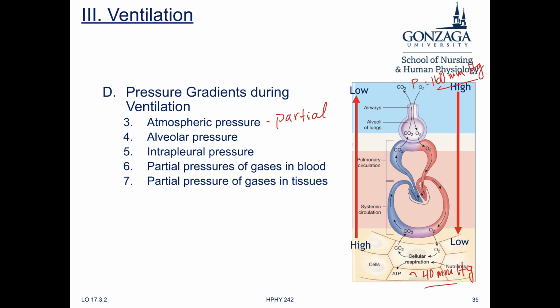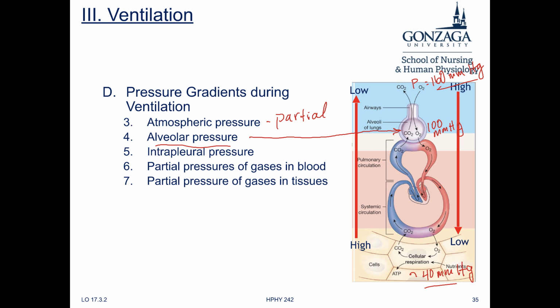The next type of pressure that you need to be aware of is called the alveolar pressure. Okay, so this is quite literally the pressure of the gases in the alveoli themselves. And again, if we go back to oxygen, the partial pressure of O2 in the atmosphere is around 160, but in the alveoli, it's around 100 millimeters of mercury.